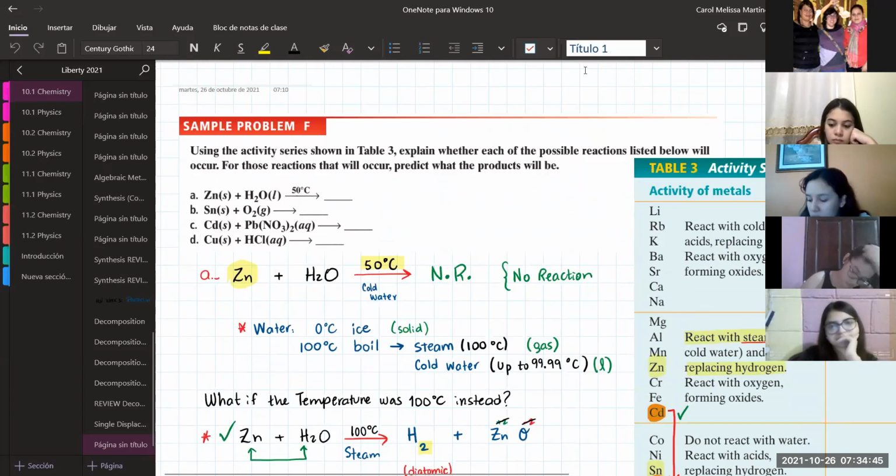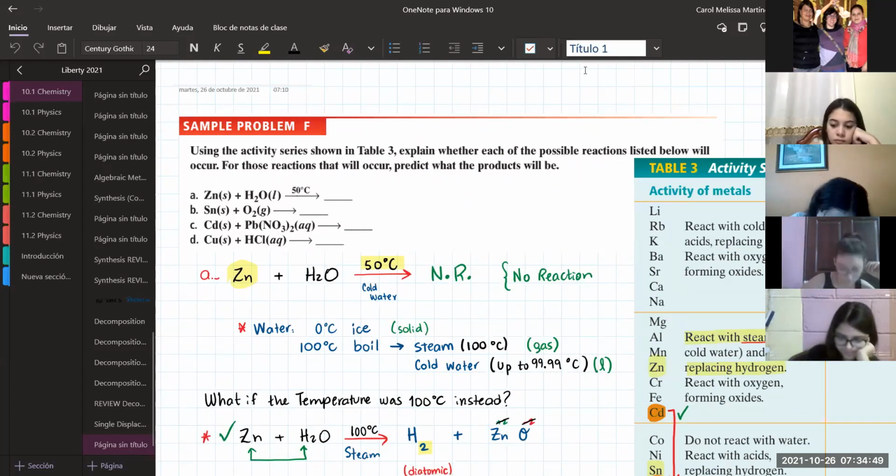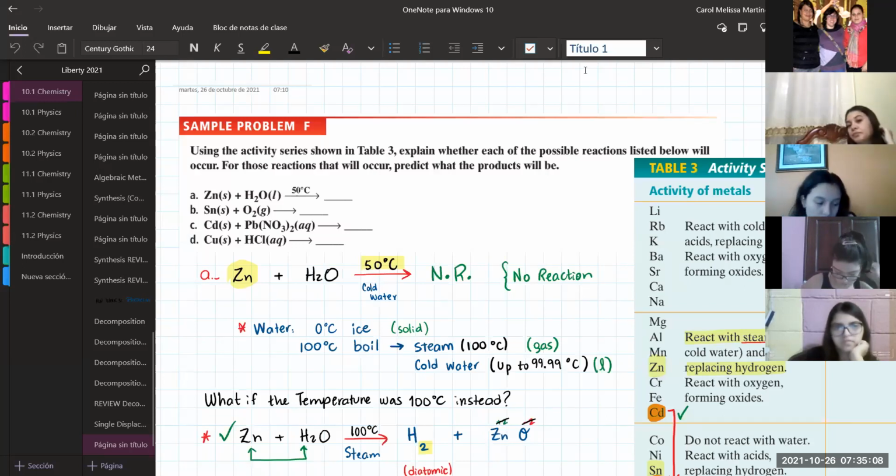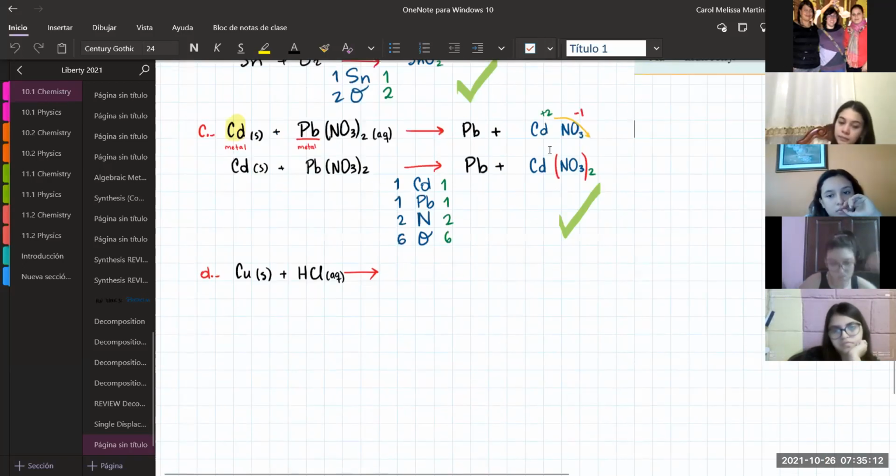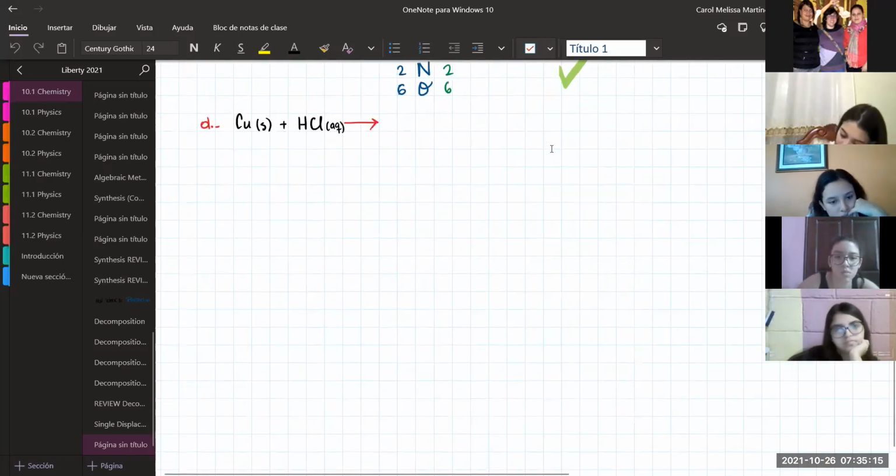Now let's try the last example, copper plus hydrochloric acid. Let me just write it. Solid copper plus hydrochloric acid. Okay, so this is the example.